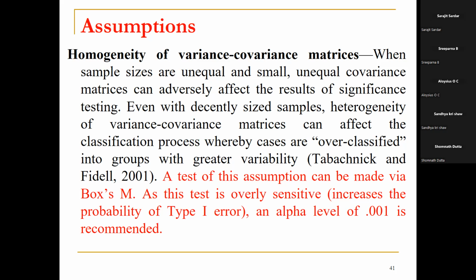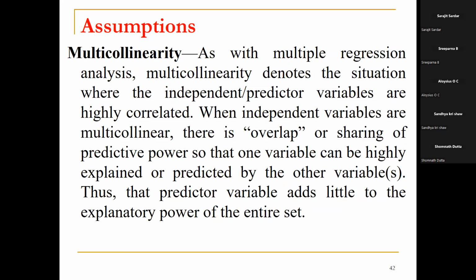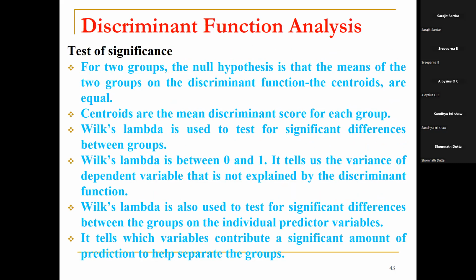An alpha level of 0.001, or less than 0.05 if you take a 95% confidence interval, is recommended. If you take alpha as 0.01, that is very good. Multicollinearity we already discussed.